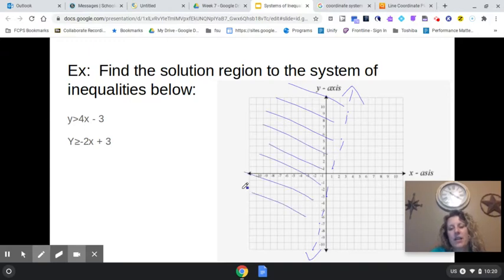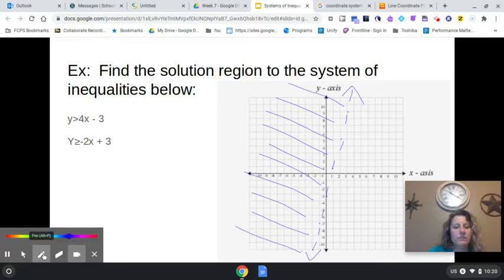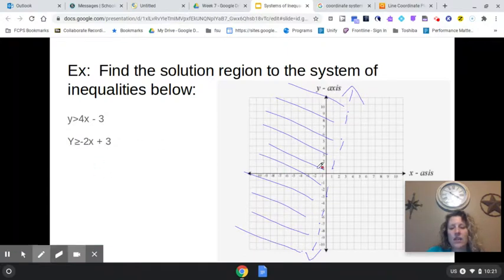For the next inequality, I'm going to go ahead and change color. We have a y-intercept at positive 3, and we're going down 2 and right 1. I'm marking a couple of extra dots, again, to make it easier to make that straight line.